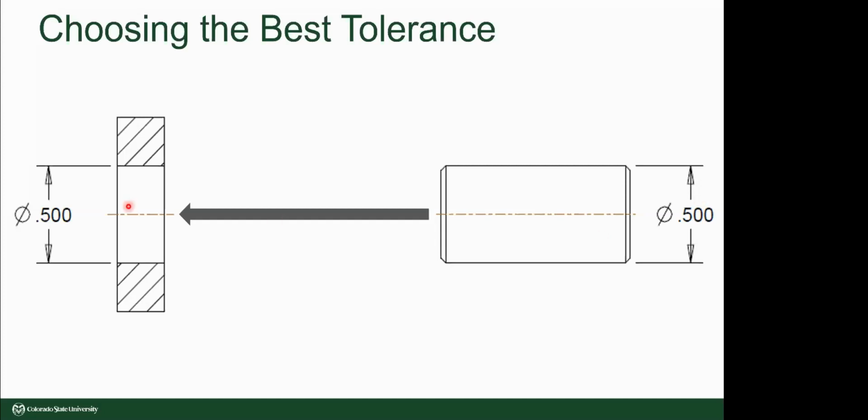So in theory, what we want to do is have this shaft go into this hole. So far, all we've done is given the basic dimensions. But currently, we have no idea what the purpose of this assembly is, and nor what tolerances we would need to specify for that purpose.